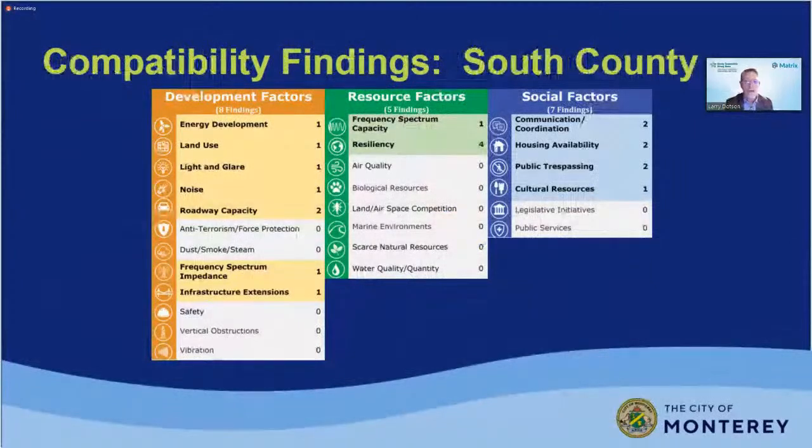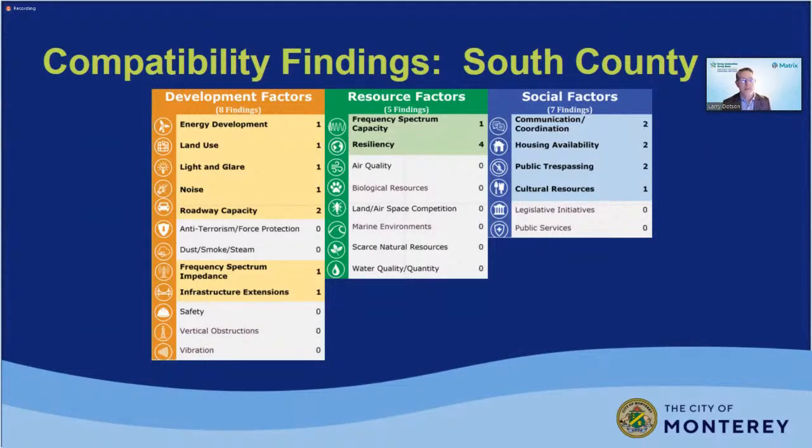In the South County, not so many findings. A number of reasons for that. One is there's a good set of ongoing standing communication, and two, the rural nature of the South County and the distance between Fort Hunter Liggett and nearby communities, and Camp Roberts and King City or Paso Robles.